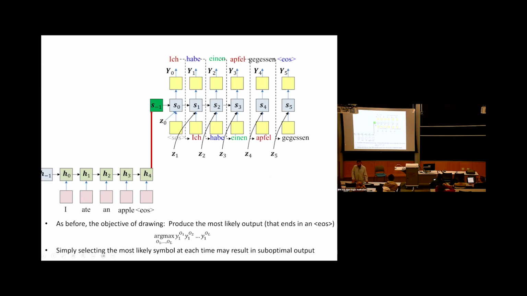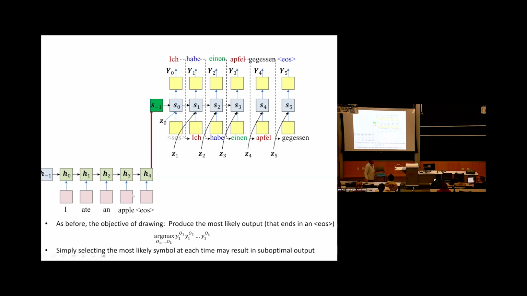So this is a conditioned language model, right? Which means that you really want to be drawing an output sequence. If you're performing something like translation, you specifically want to be drawing an output sequence that is most probable, right?